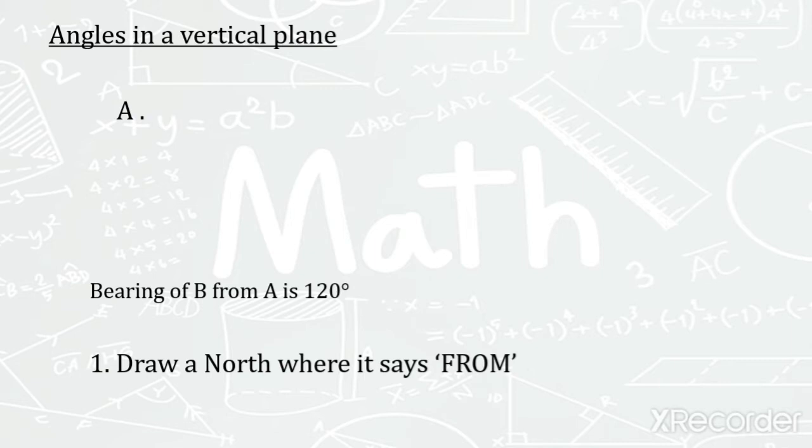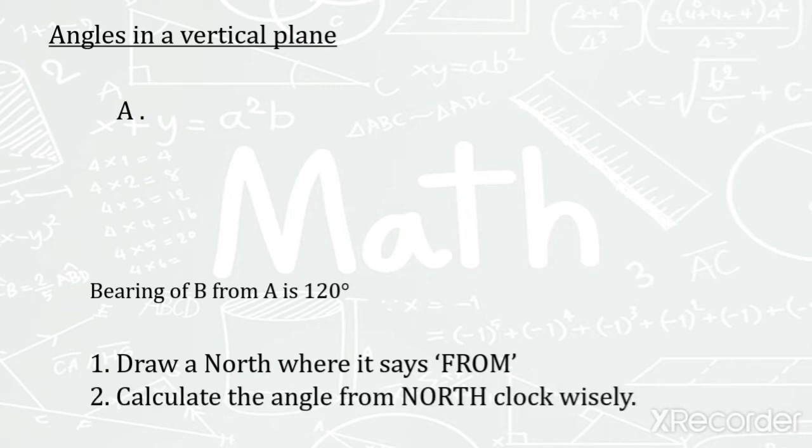Draw a north where it says from. In this question they have said from as A, and the second step is calculate the angle from north clockwise. So first step is to draw a north like this, and calculate the angle from north clockwise. Then you will receive the point B.